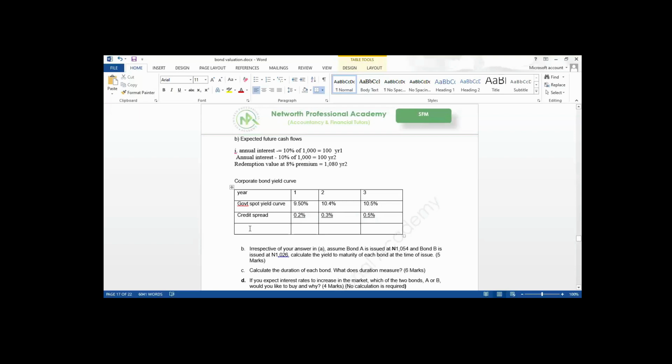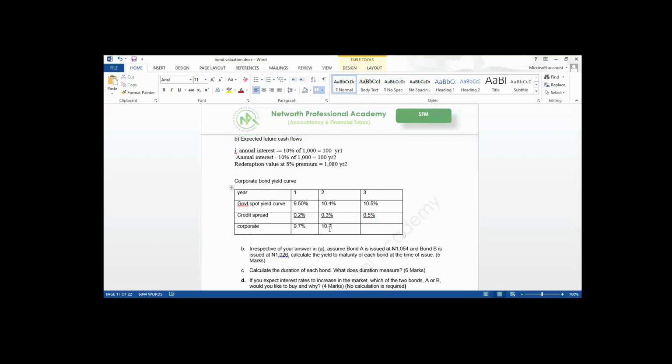The addition, please. 9.7%. Next. 10.7%.